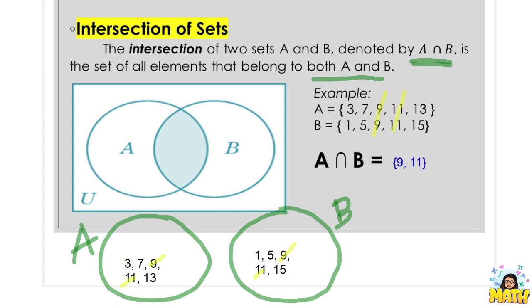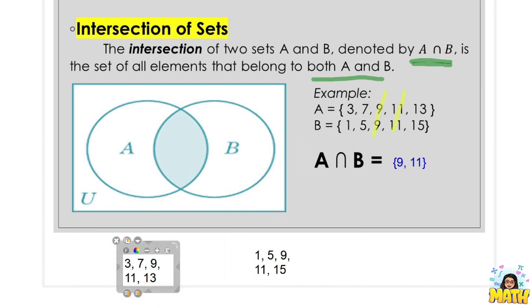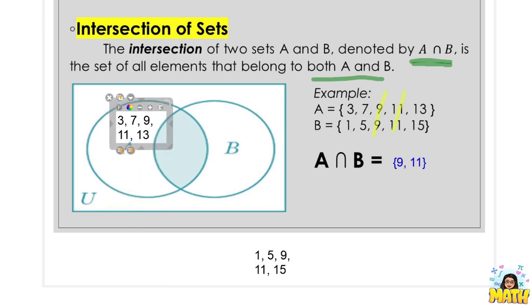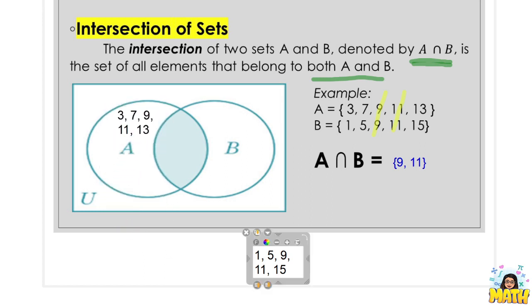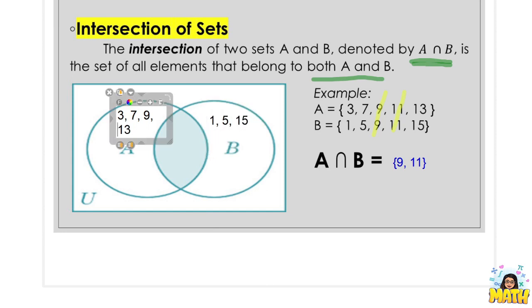So kung ipapakita natin ang tamang way ng paggamit ng Venn diagram, hindi dapat ganito ang set A at set B. We can have 3, 7, 9, 11, 13 here, and this one ay nandito, pero tatanggalin natin ang 9 and 11 because 9 and 11 are the intersection of the two sets.